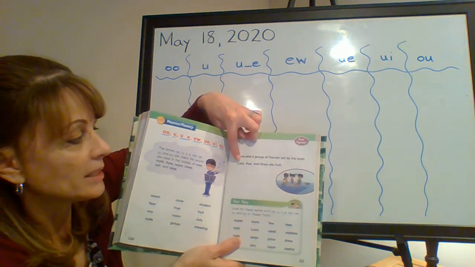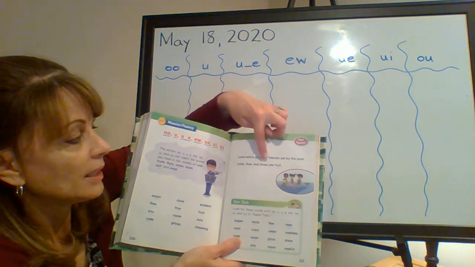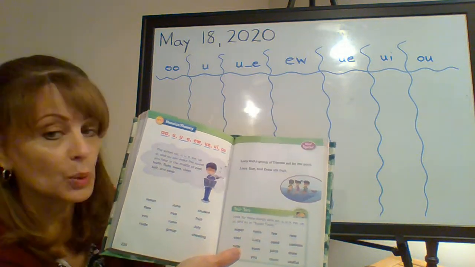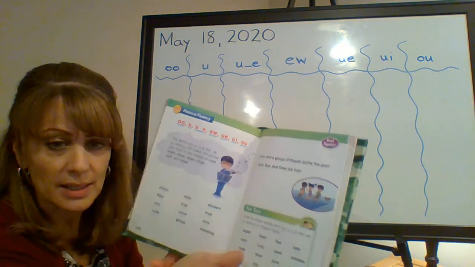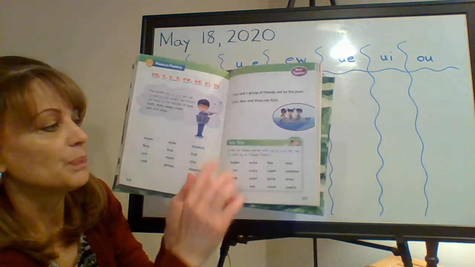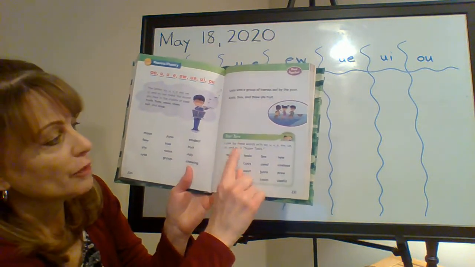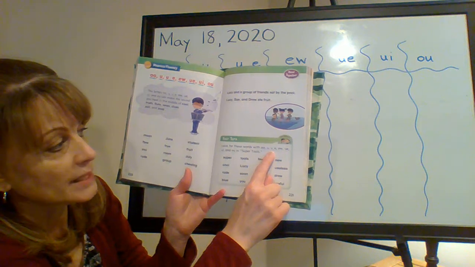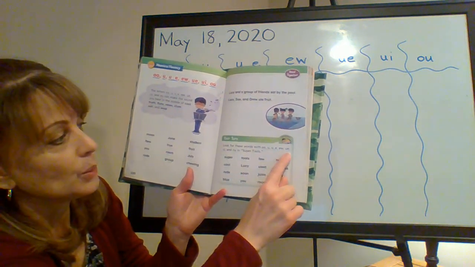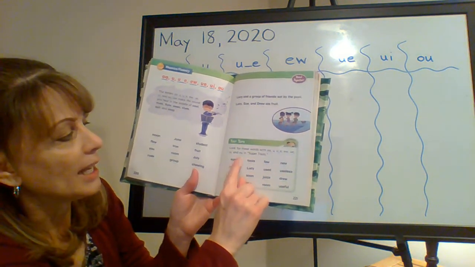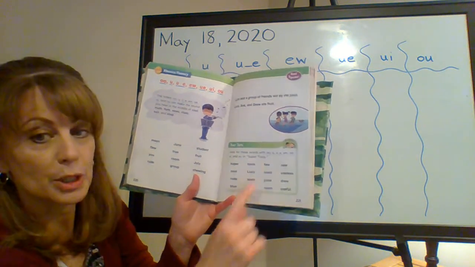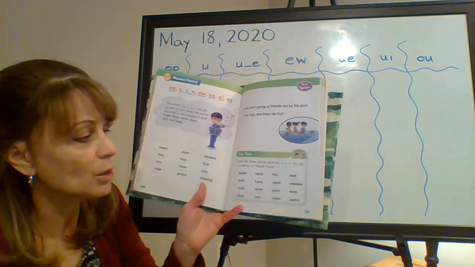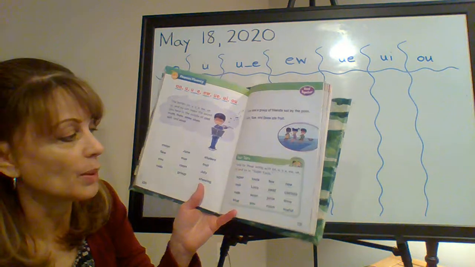We have the U by itself, U-E, E-W, and U-I, all in the same sentence. Wow. Your turn. Look for these words with O-O, U, U consonant E, E-W, U-E, U-I, and O-U in Super Tools. Wow, these are the words that we're going to look for, okay?